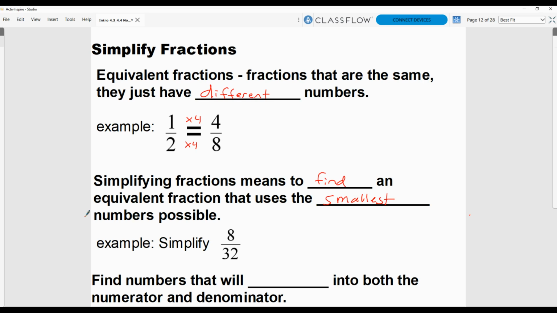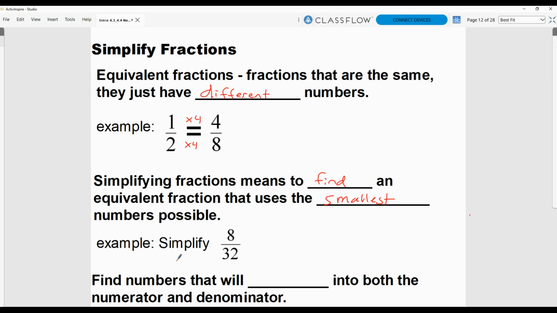So let's take a look at this first one. So here's our example. They want us to simplify 8/32. Okay, so we want to find a fraction that is equal to 8/32, and we're going to do that using the lowest numbers possible that would be equal to this same fraction.